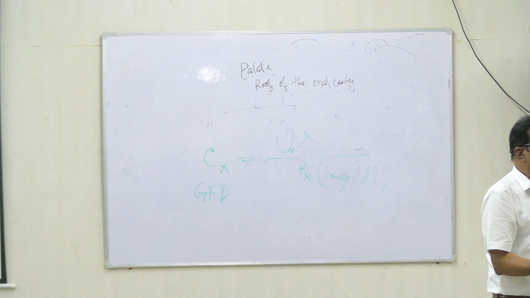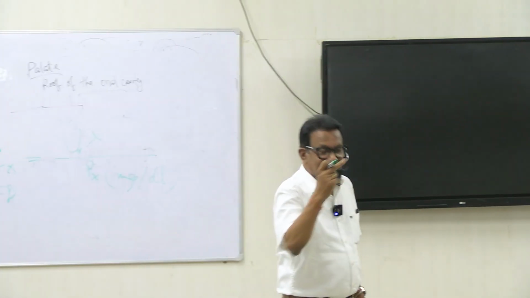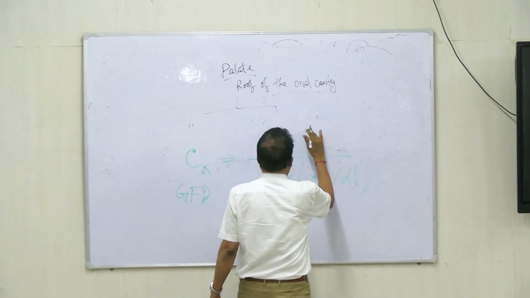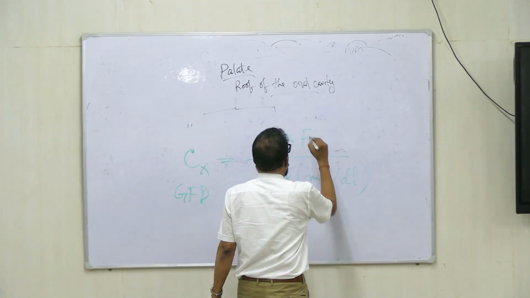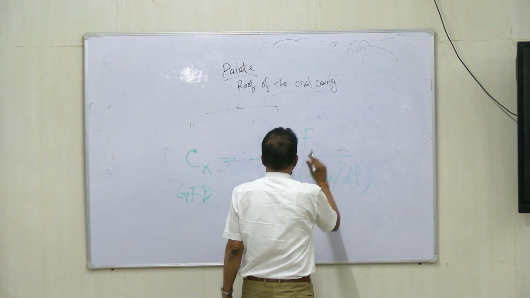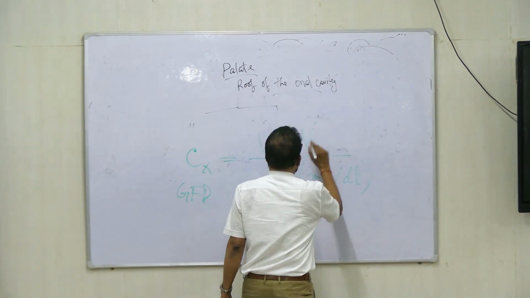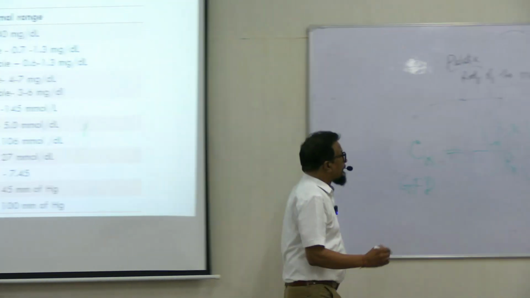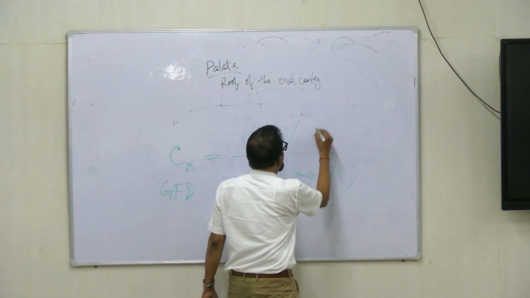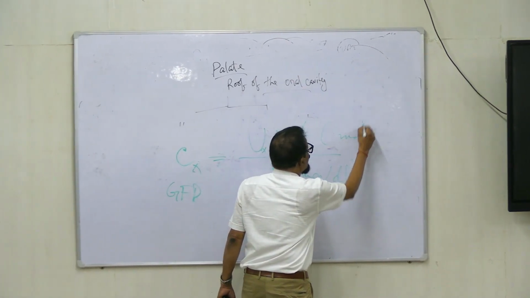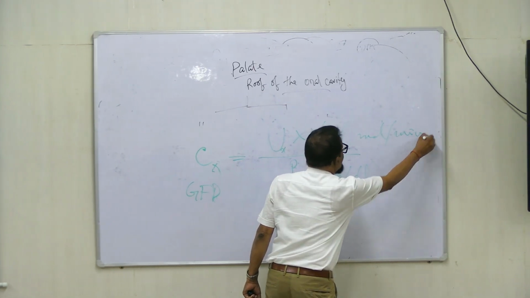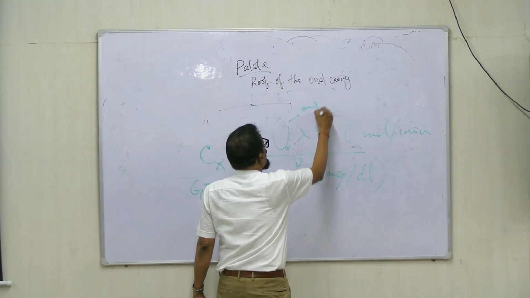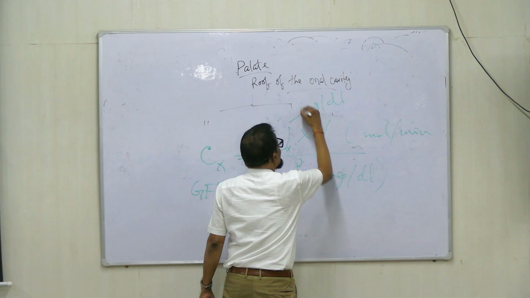How much urine is formed per minute? That is the flow of urine, V. Its unit is ml per minute, and the concentrations are in milligram per dl.